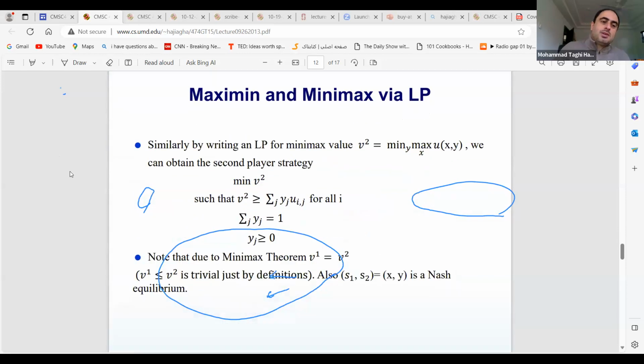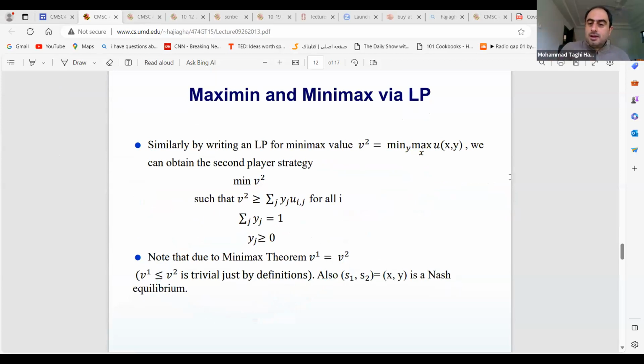So similarly, you can write these things. Similarly, you can write the V2.